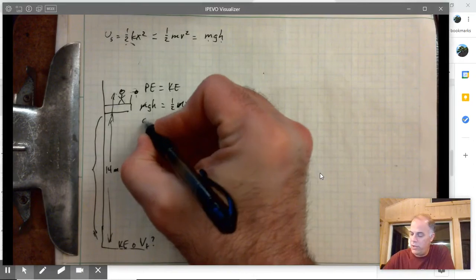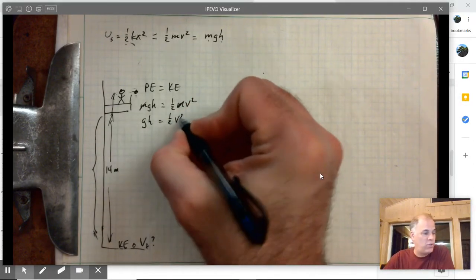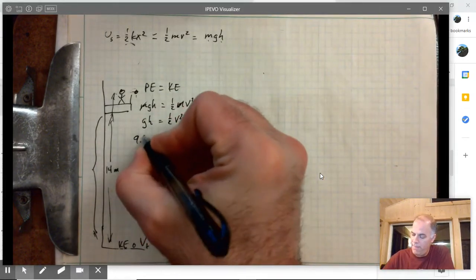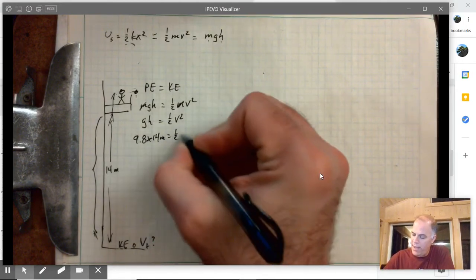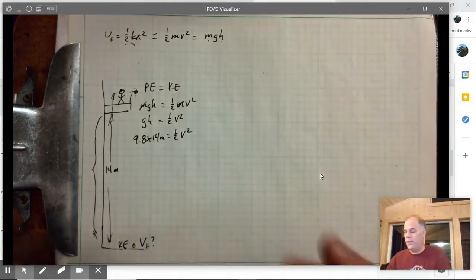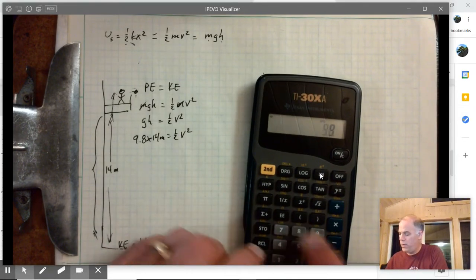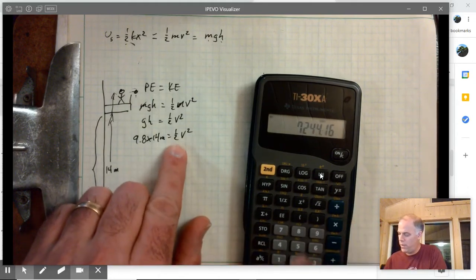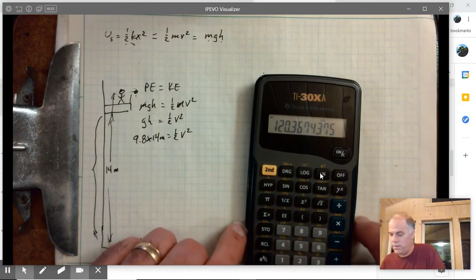So this means that gh is equal to 1/2 v squared. And so g is 9.8 times the height, which is 14 meters, and that is equal to 1/2 v squared. Now we can use a calculator here. So 9.8 times 14, multiply that by 2, take the square root, and it comes out to be, that's wrong.